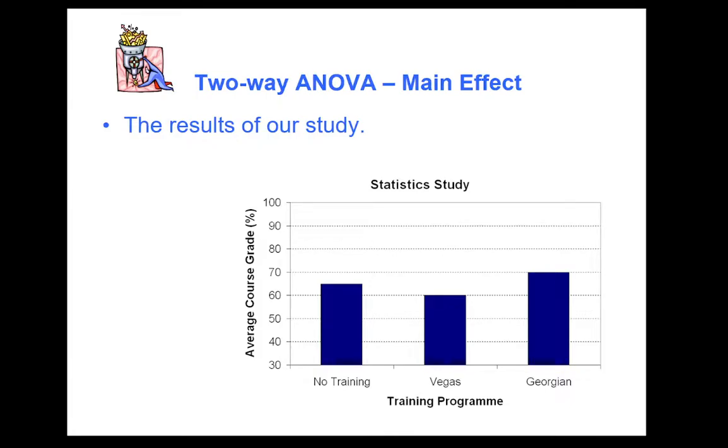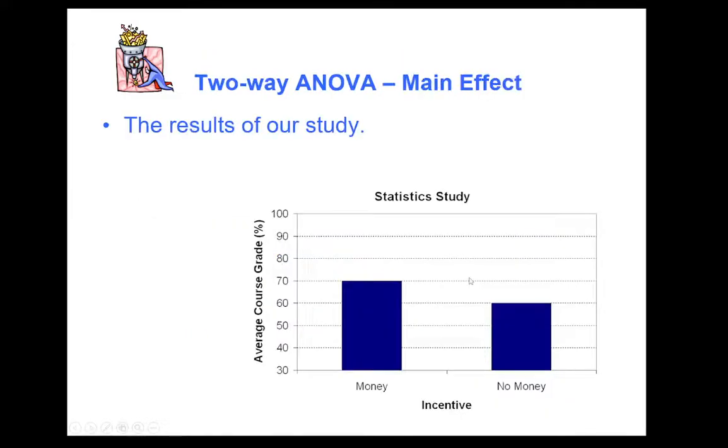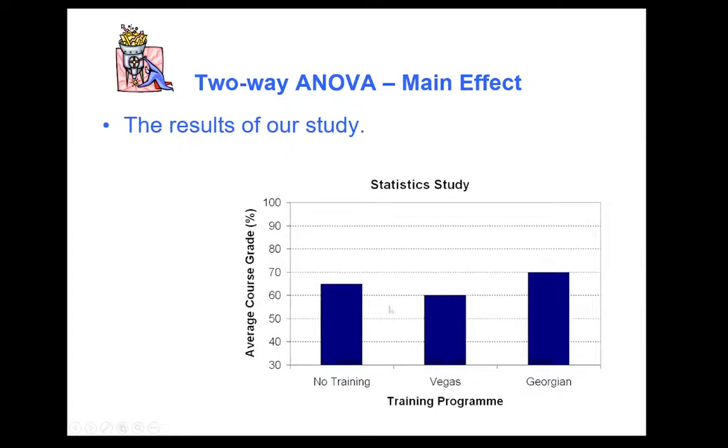Because if I go back and look at the no training, 5 students had no incentive offered, and 5 students had the money. So I have 10 students. 10 students made up the no training group. 10 students made up the Vegas group, 5 no money, 5 money. And then the Georgian group is made up of 10 students, 5 no money, 5 money.